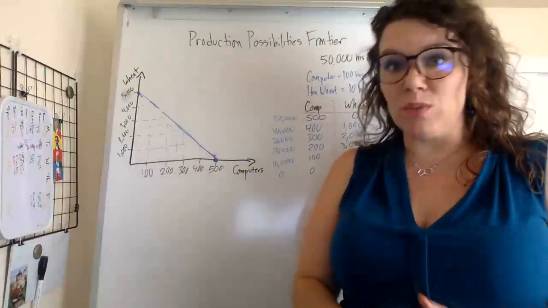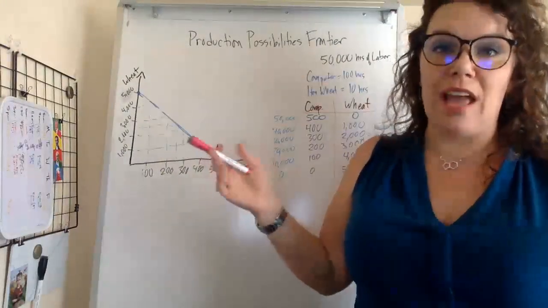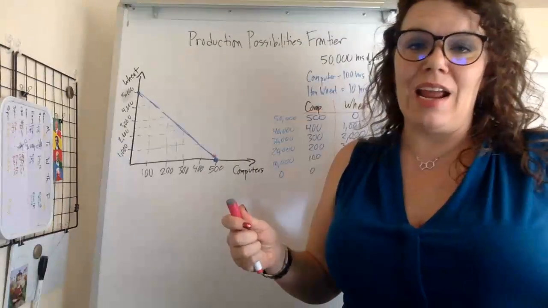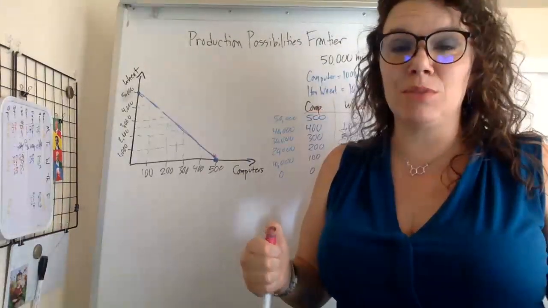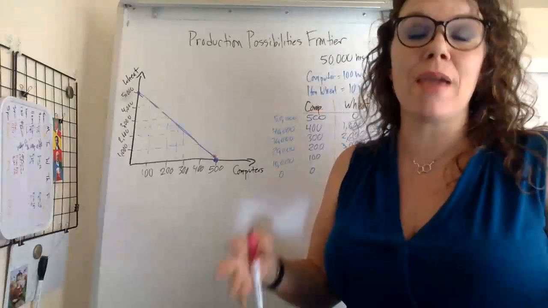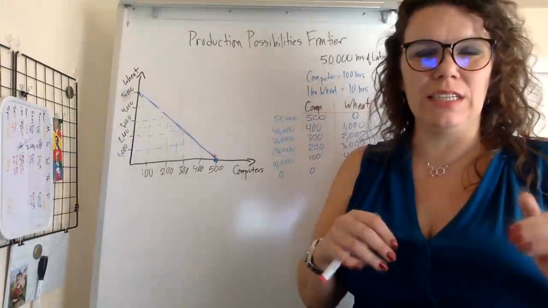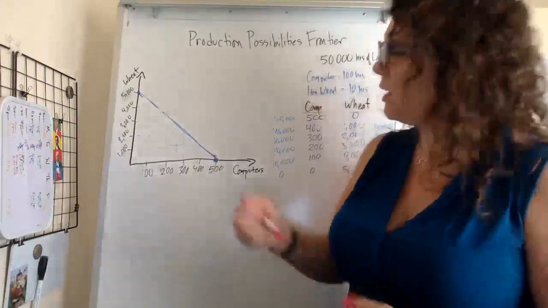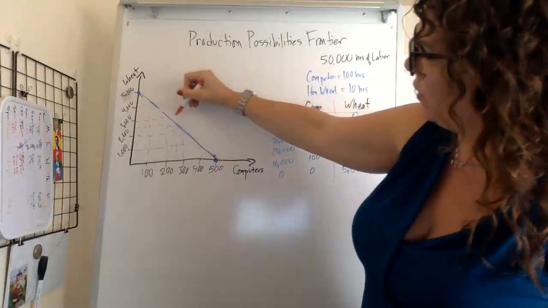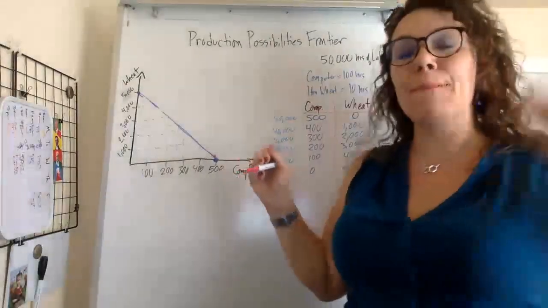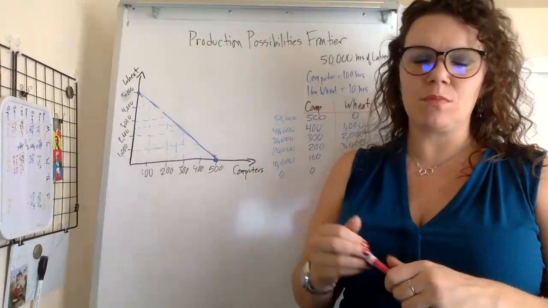But an economist would say, sure there is. You could have 1 ton of wheat and 499 computers plus however much computer you could make with the remaining time. Does that kind of make sense? It's kind of a weird idea. But what we're saying is, imagine that every single point along this curve is possible and efficient.